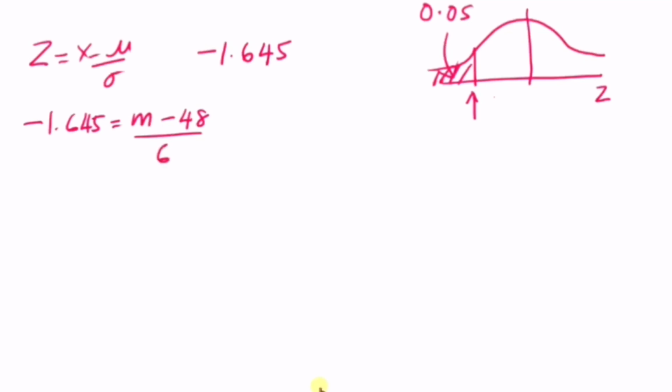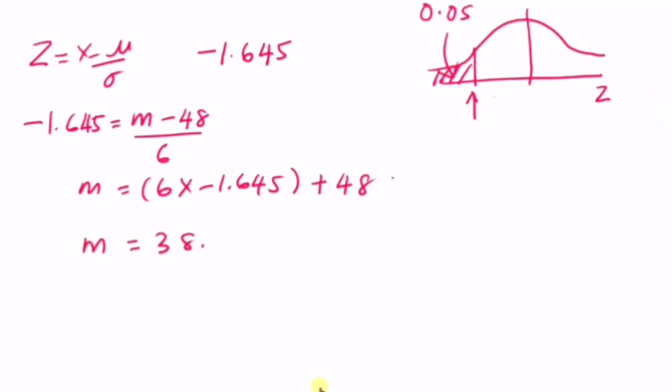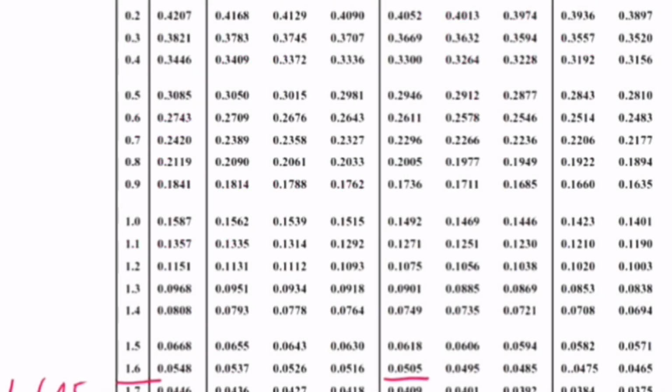Now we need to cross multiply carefully. 6 times negative 1.645 plus the 48. Then we will have m equivalent to 38.13. So that means the passing mark is 38 marks.